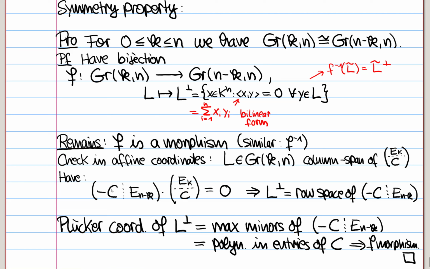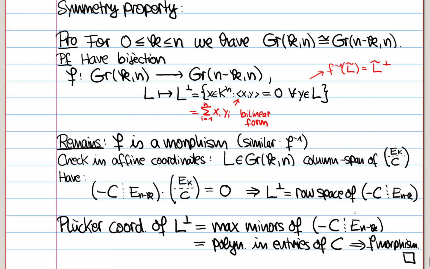So this row space will indeed be of dimension n minus k. And this shows that all of the entries in there are in the orthogonal complement. And so for dimension reasons, the orthogonal complement is indeed the row space like this. And so you have described explicitly what F does to the column space of this.